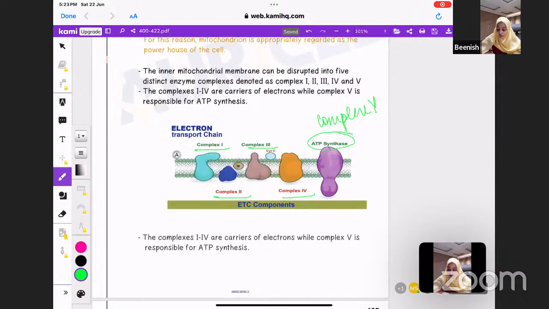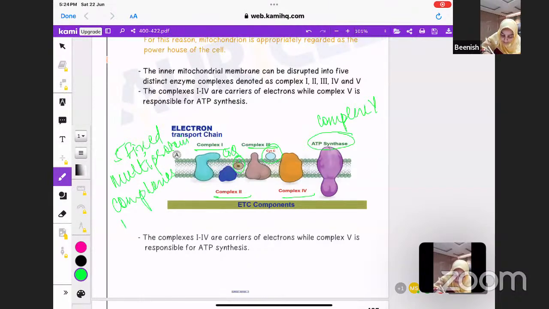So you have 5 different complexes, and then you have 2 mobile carriers, coenzyme Q and cytochrome C. So you have 5 fixed multi-protein complexes, that is 1, 2, 3, 4, and 5.